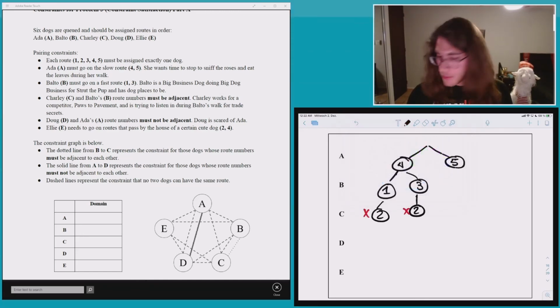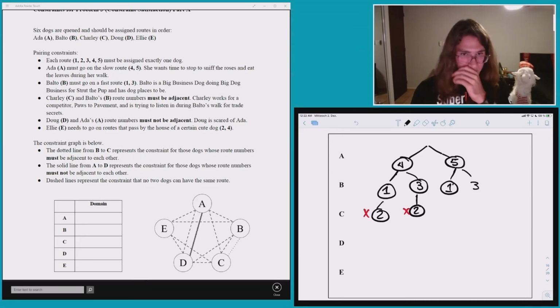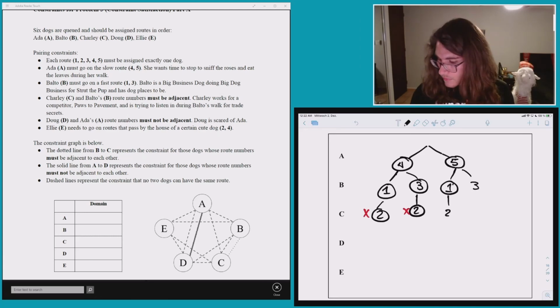And we went back up, and Balto could have been a 1 or a 3, but it had a 1. Charlie could have been a 2, 3, and then finally a 4.